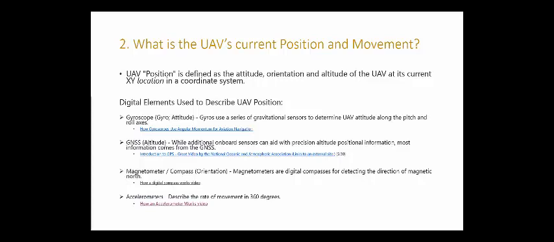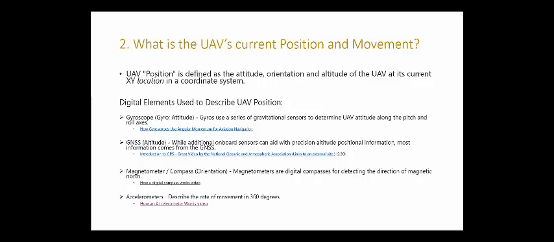UAV position is defined as the attitude, orientation, and altitude of the UAV at its current XY location in the coordinate system. The UAV uses a number of digital elements to describe the UAV position. Gyroscopes use a series of gravitational sensors to determine UAV attitude along the pitch and roll axes.